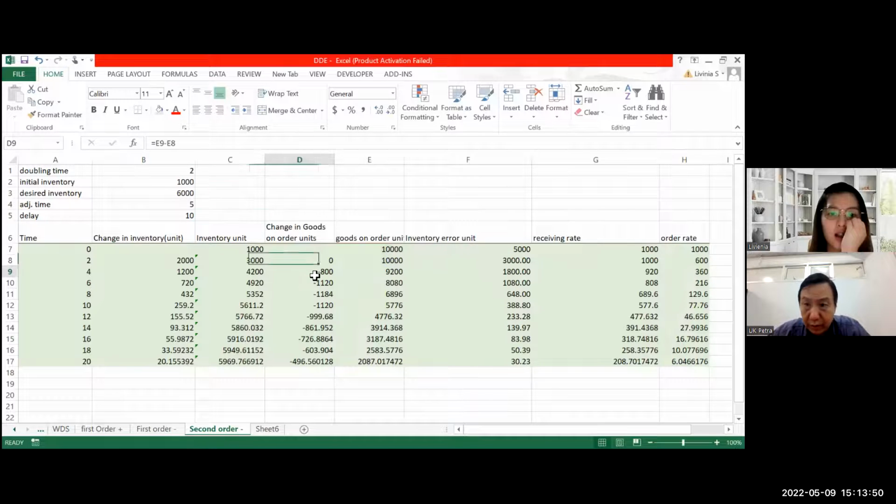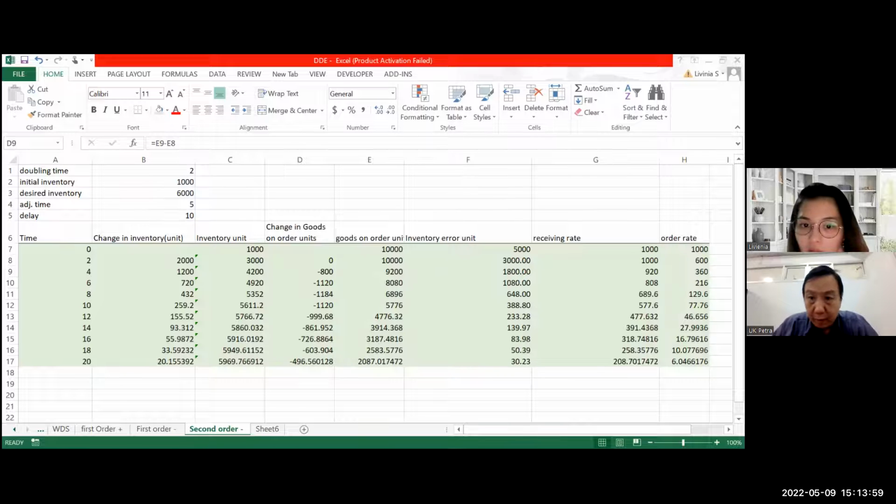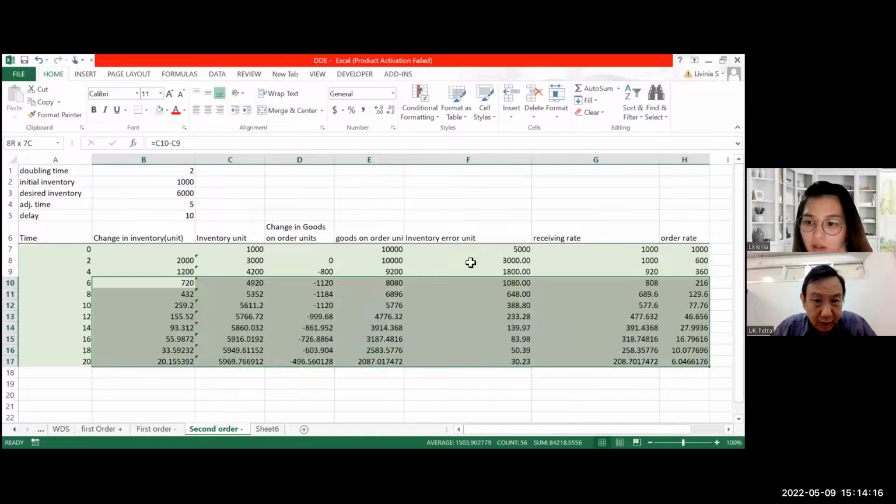The change is correct, but the result is incorrect. Until the second row is correct, but the third row is incorrect. Yeah, this one is incorrect.